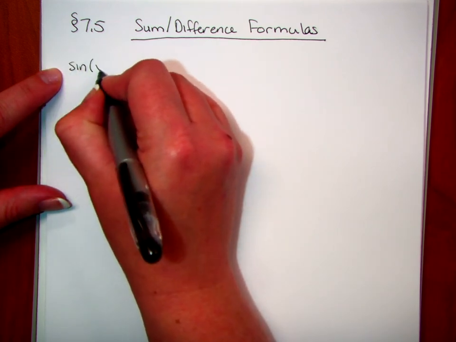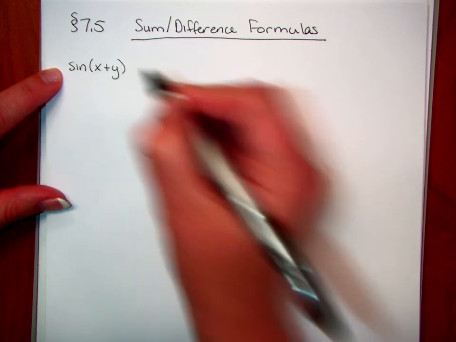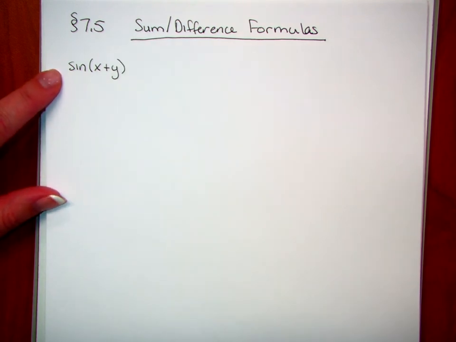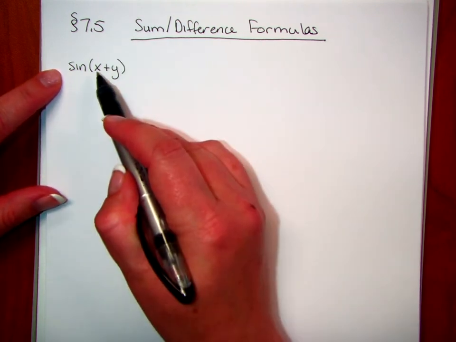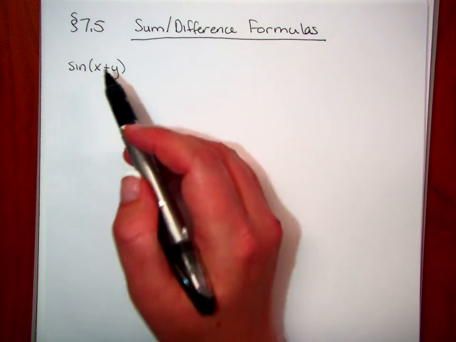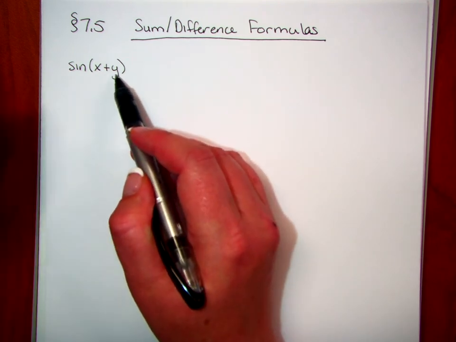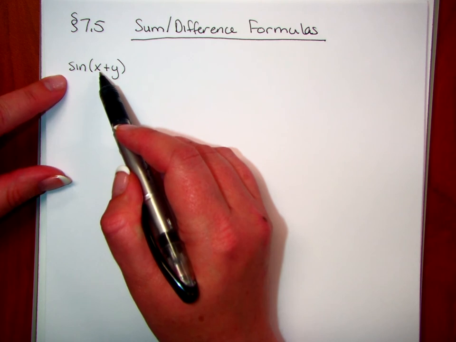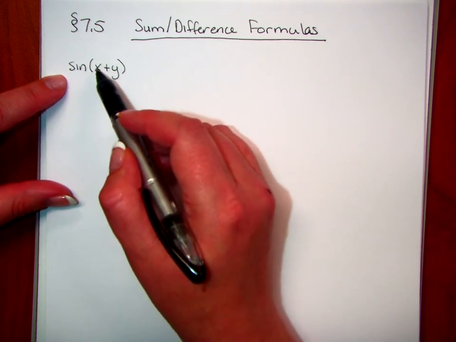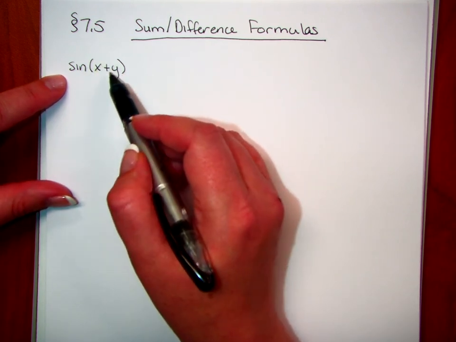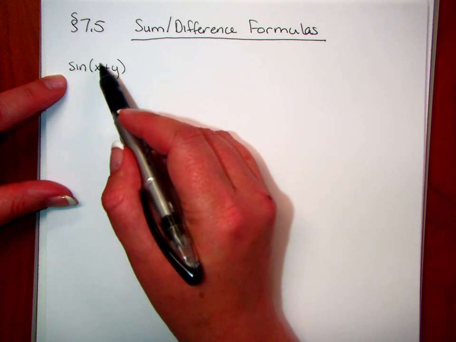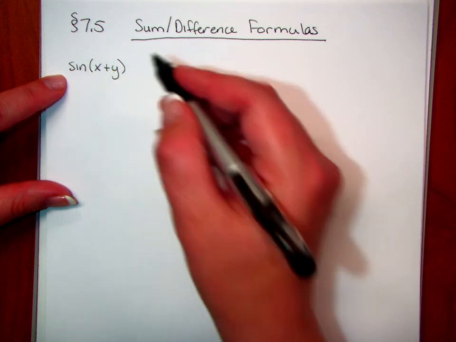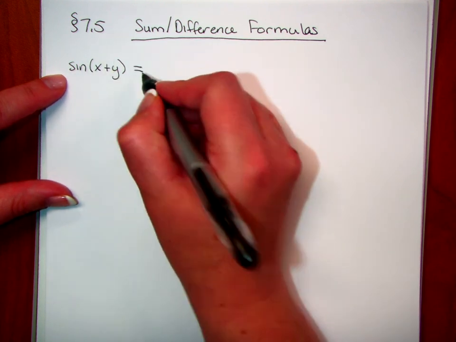So the first formula, if we want to do sine of x plus y, so this is angle x plus angle y. Say for some instance we don't want to add x and y together, okay? We can use angle x separate from angle y. Now, we can't just distribute sine. It's not going to work that way, all right? We need to use the formula.